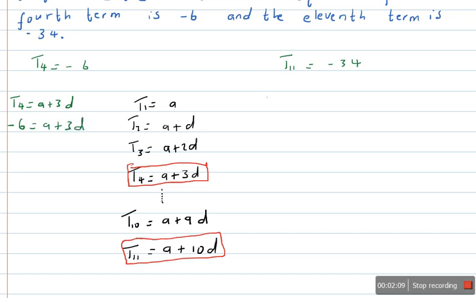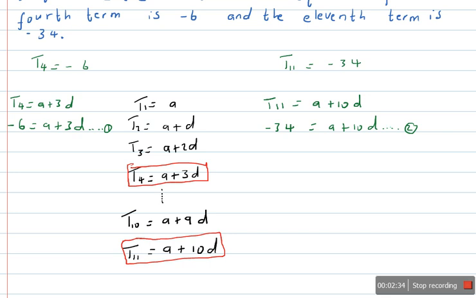And for T11 we saw that it is A plus 10D, and we were given that negative 34 is equal to A plus 10D. So this is equation 1, this is equation 2, right?